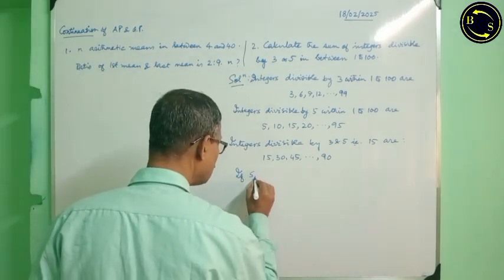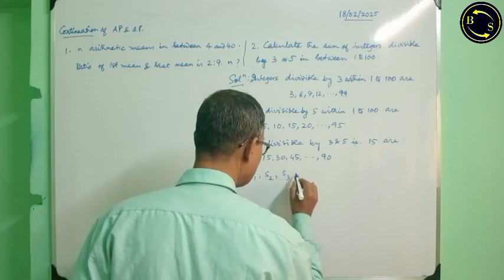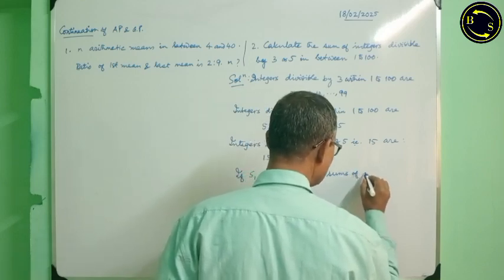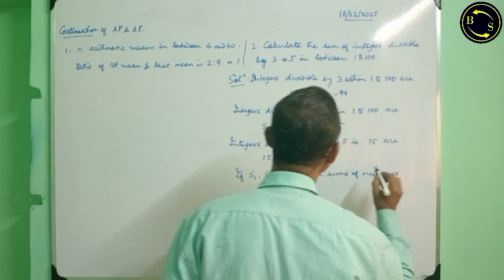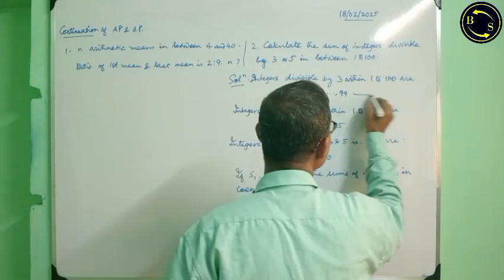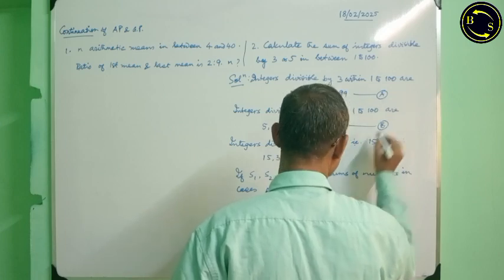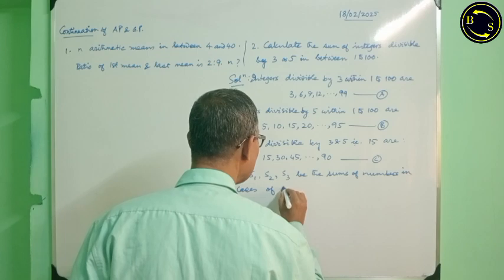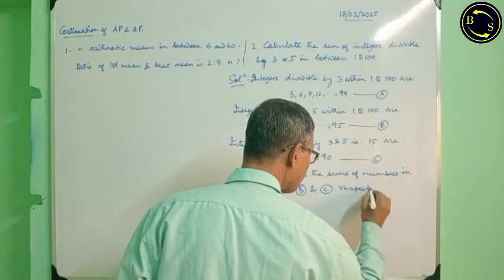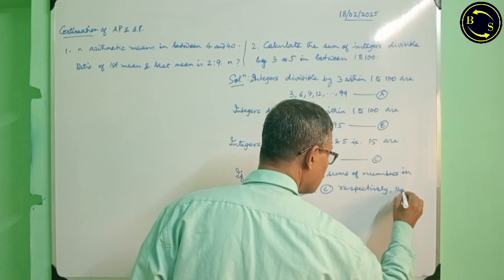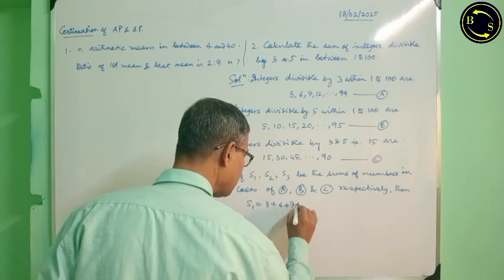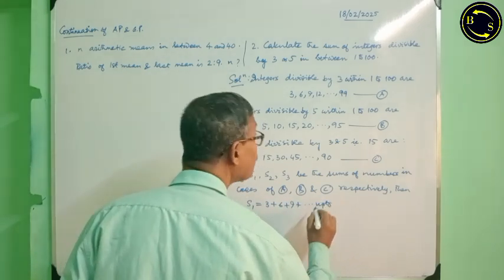If S1, S2, S3 be the sums of numbers in cases A, B, C respectively, then S1 is equal to 3 plus 6 plus 9 plus up to 99.